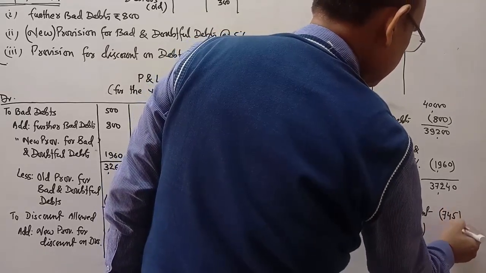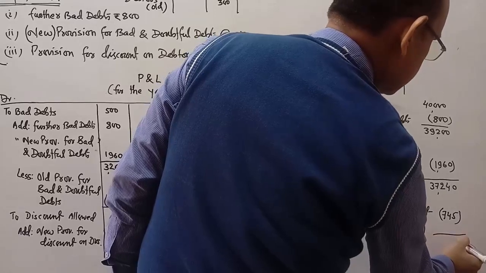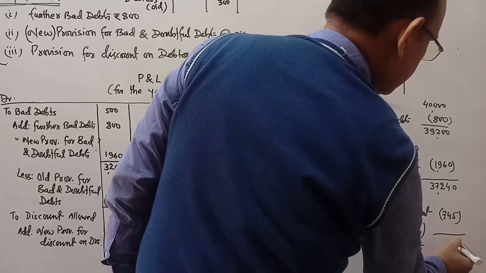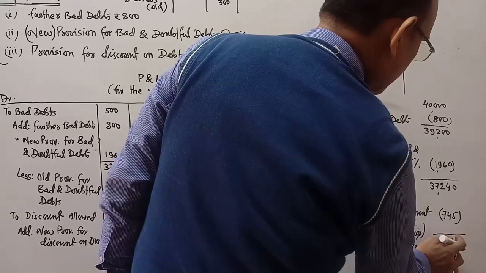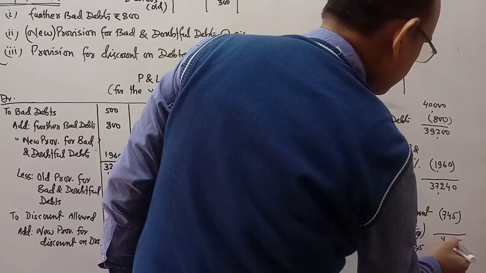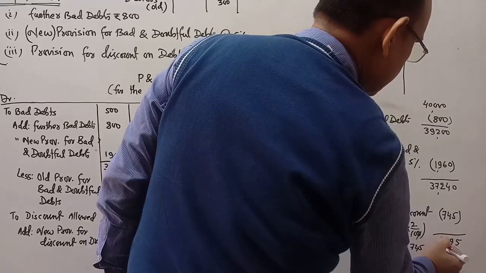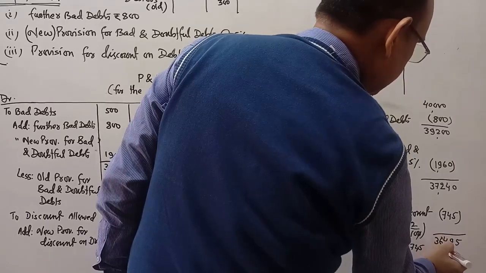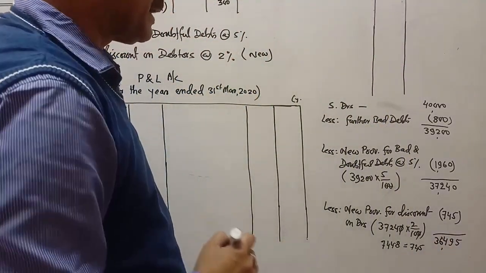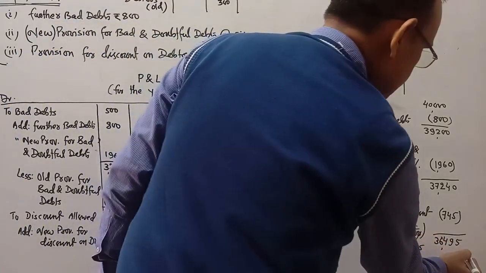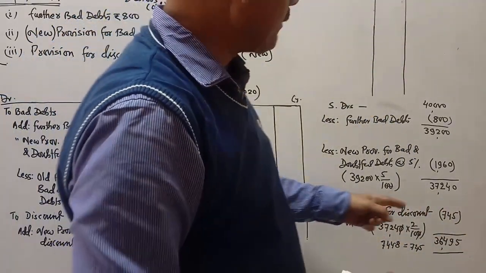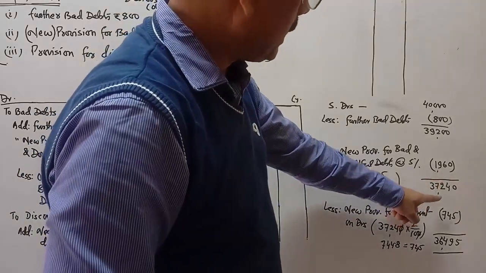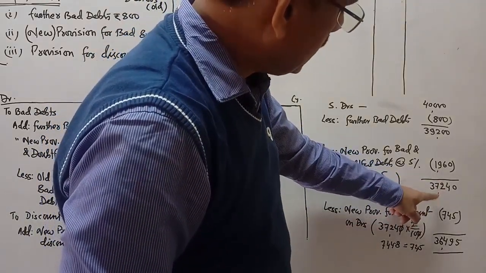You deduct it. So the next rest amount is 36,495. This is the net amount which will be realized from the debtors after allowing discount.